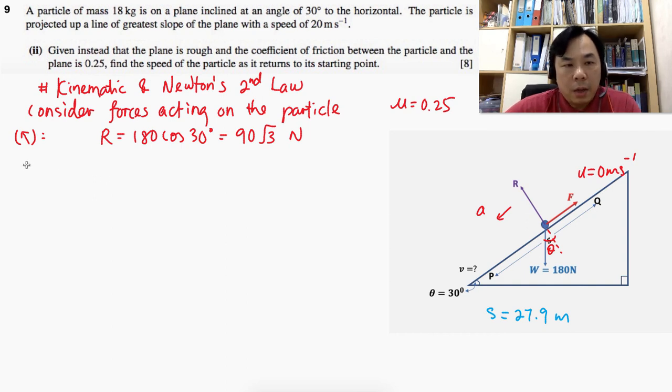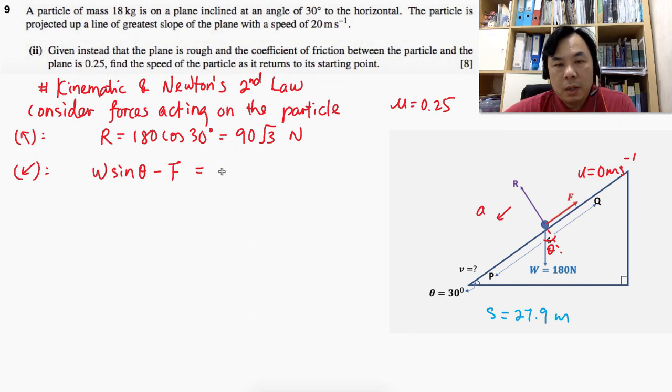Now I'm going to consider the forces down the slope. That will be weight sine theta, subtract the frictional force, and that creates an acceleration.